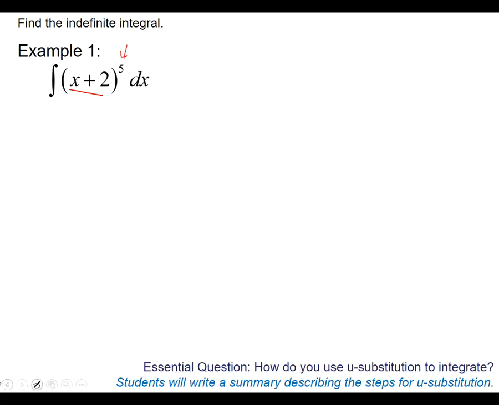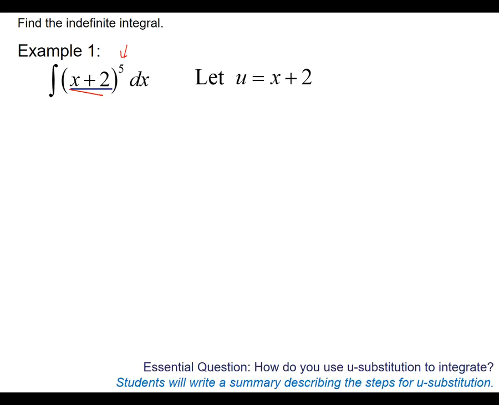So we're gonna let u equal x plus 2. You don't necessarily need to write the word let, but at least write u equals x plus 2. It's nice and typed on this first line. Now what I'm going to do is take the derivative of this guy over here.